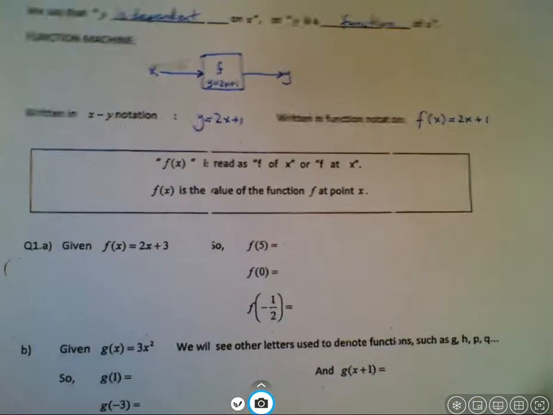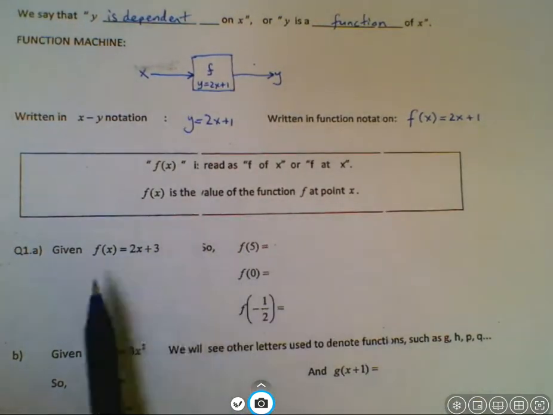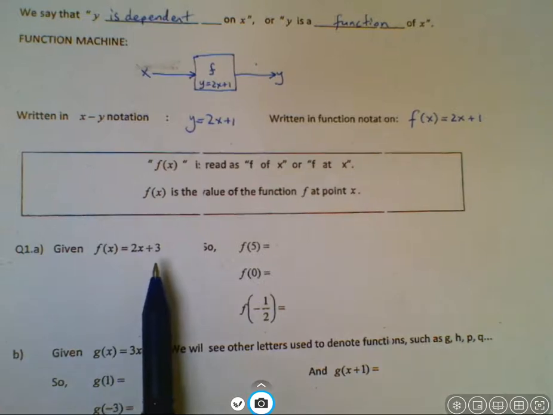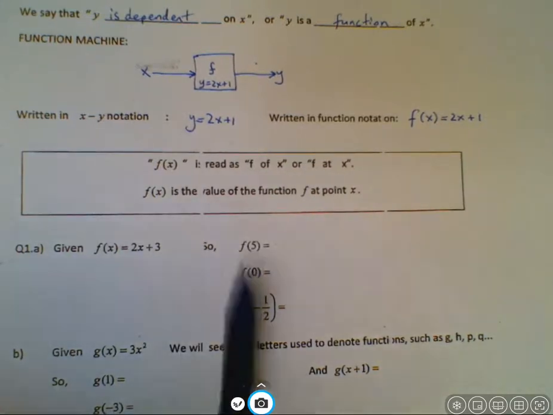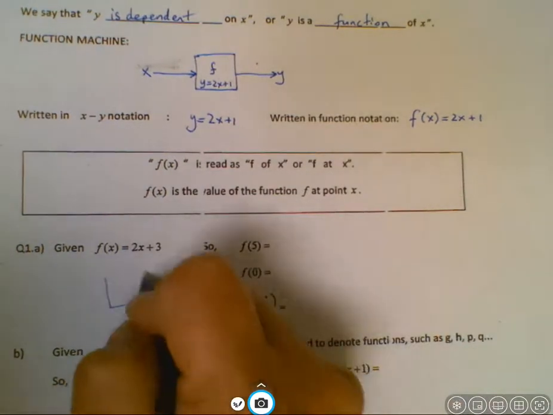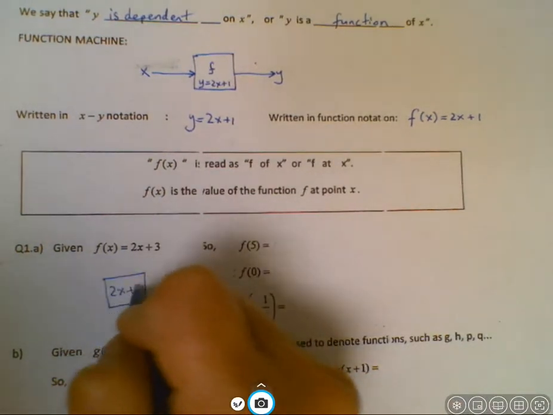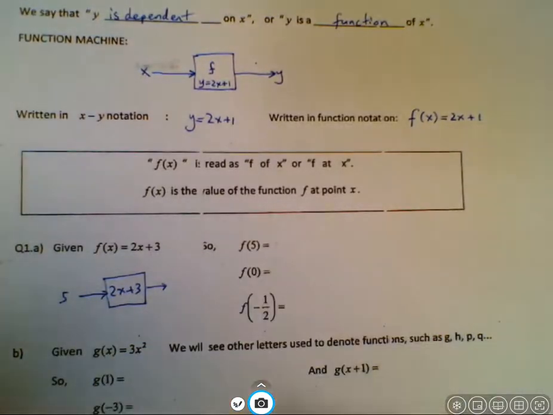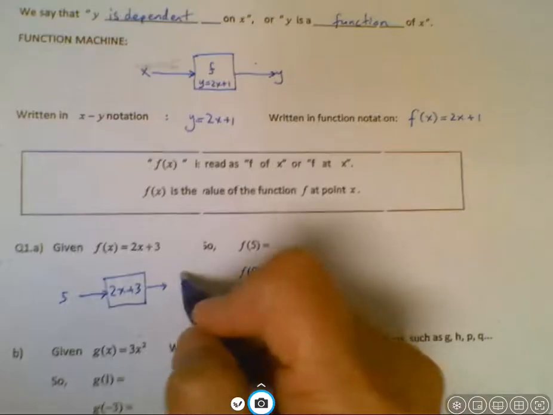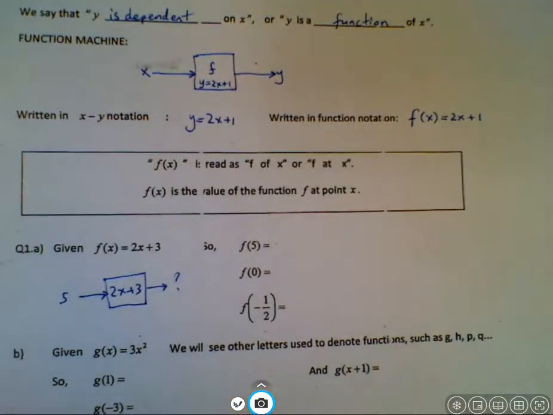Let's do some examples. Let's say I have f of x is 2x plus 3, different from above. I can evaluate f of 5. It means if I have a function machine that is doing 2x plus 3 and I feed it a 5, what is my output going to be? Remember, x is your input.